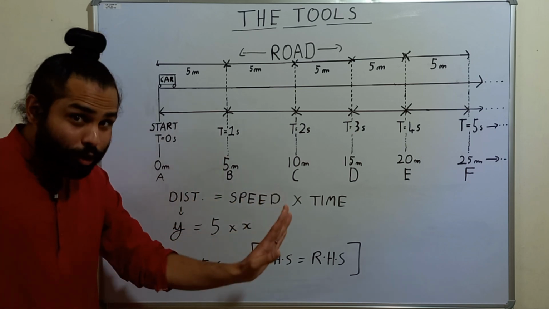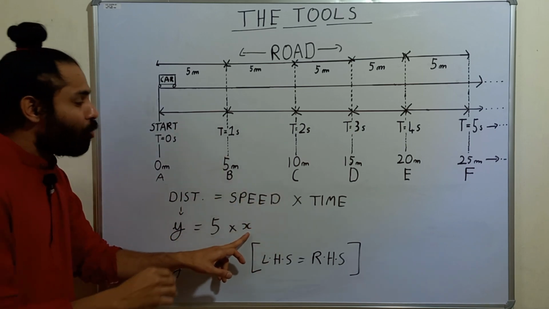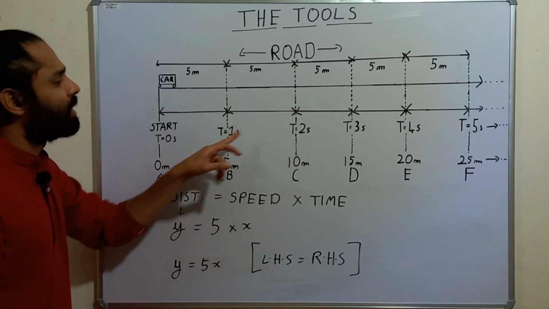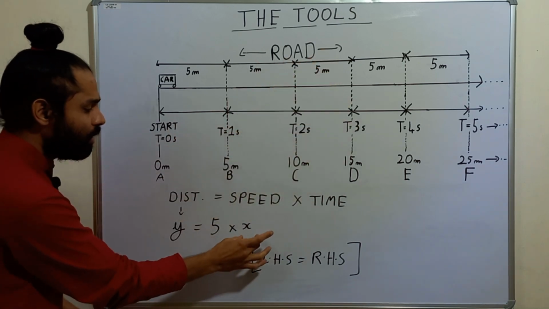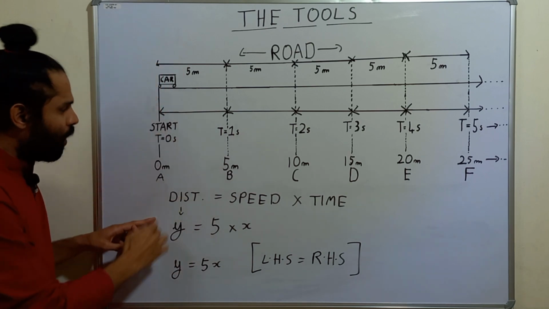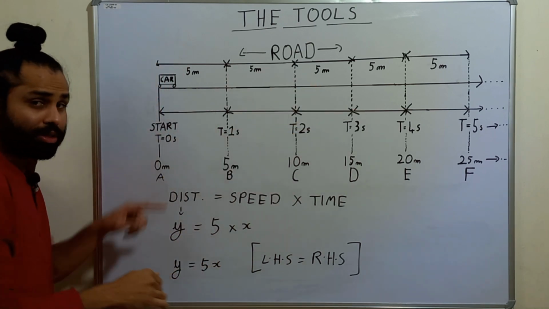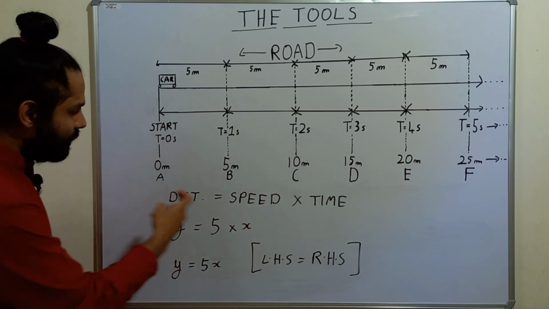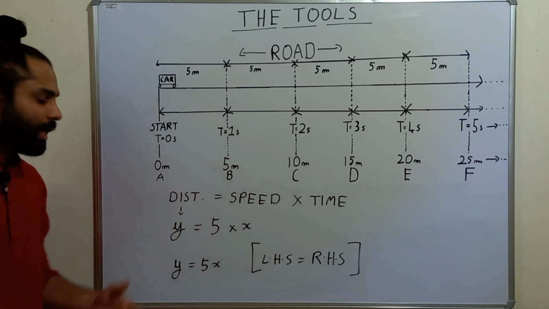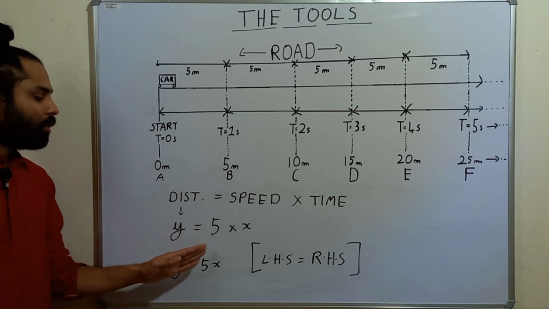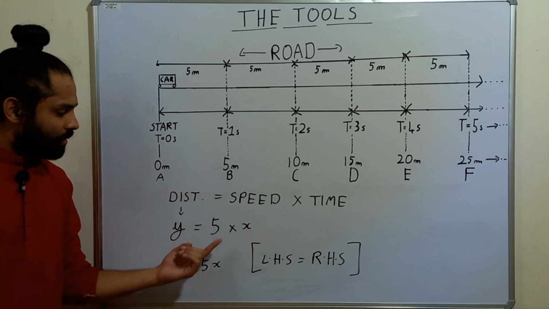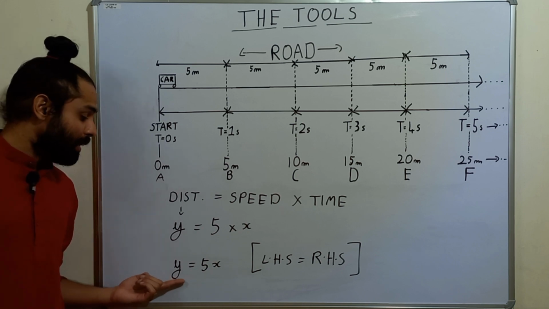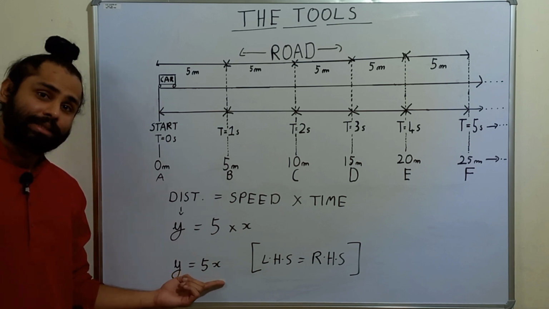You can use whatever letter you want, it's fine. For now, we will refer to the time elapsed as X, however much time elapsed, 1 second, 2 seconds, 3 seconds, whatever, we'll call it X amount of seconds, Y amount of meters. Speed, of course, in this experiment is constant, 5 meters per second. Hence, this distance equal to speed into time now becomes Y is equal to 5 into X. A simpler way of writing 5 into X is Y is equal to 5X.